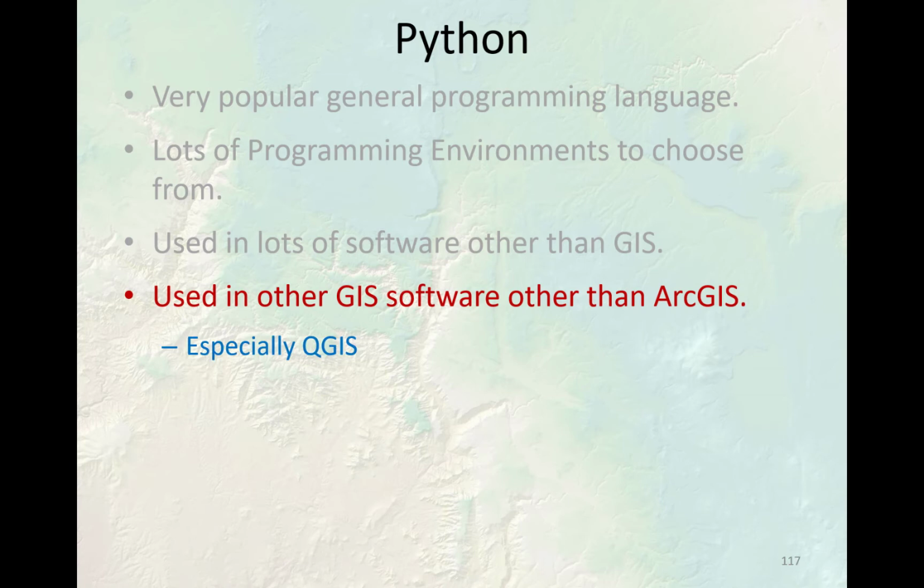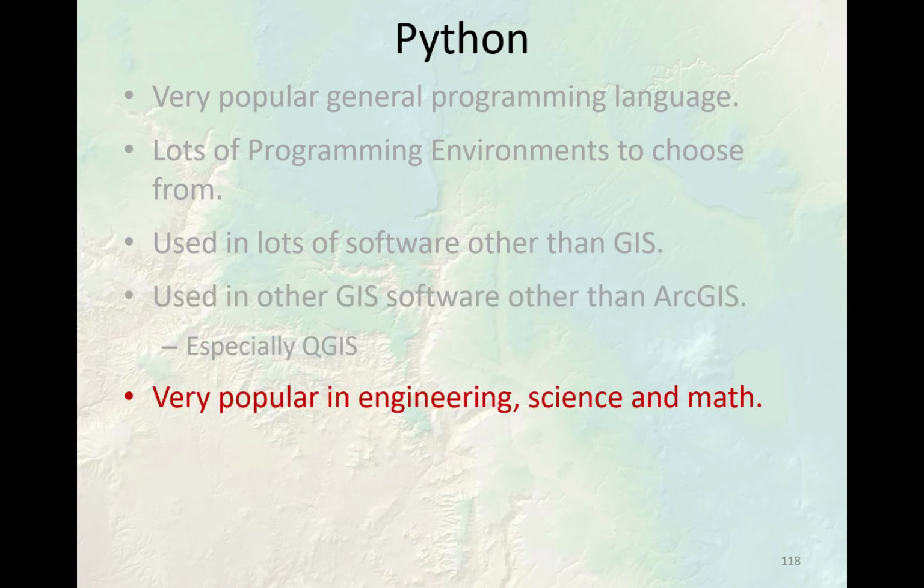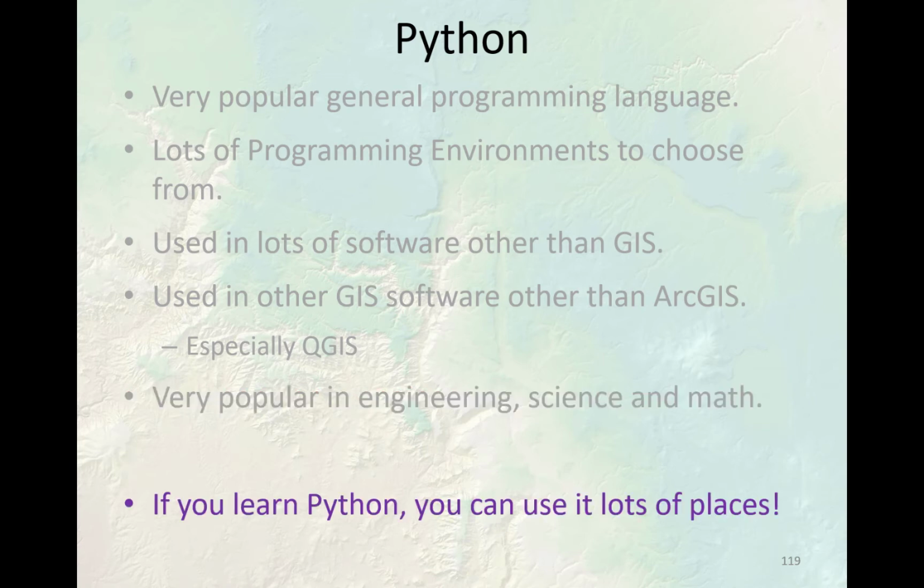That's one of the more popular free GIS software packages. So if you learn Python, you will be good to go in there. But it's really popular in the STEM fields: engineering, science, math, technology. If you learn Python, you can take it lots of places.